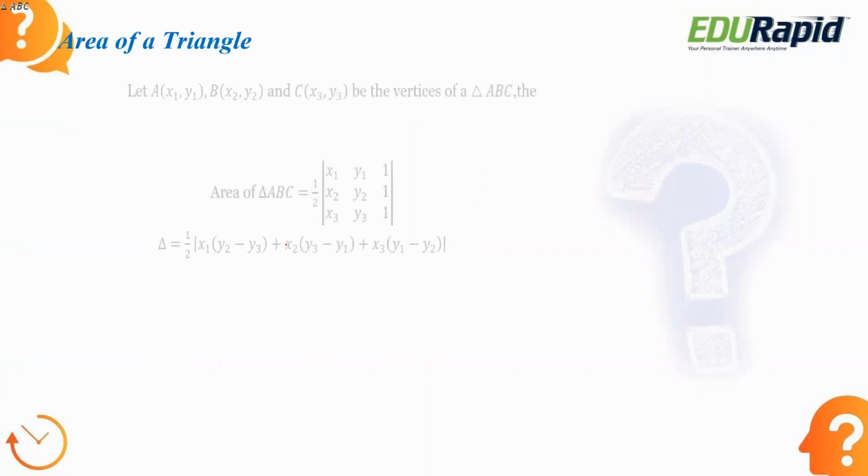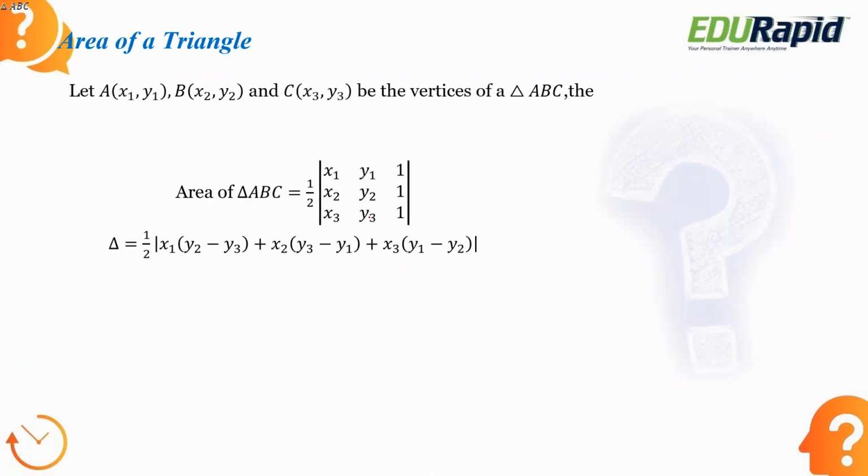Next, we have area of a triangle. This formula actually we have used in properties of triangles also. So if you have the coordinates of the vertices of a triangle as A of (x1, y1), B of (x2, y2), and C of (x3, y3), then the area of a triangle is given by half into, first we consider x1, x2, x3, then in the second column, y1, y2, y3, and in the third column, it's 1 everywhere.